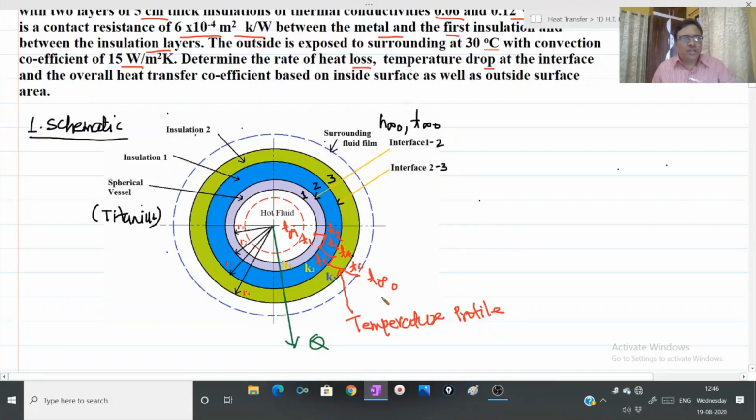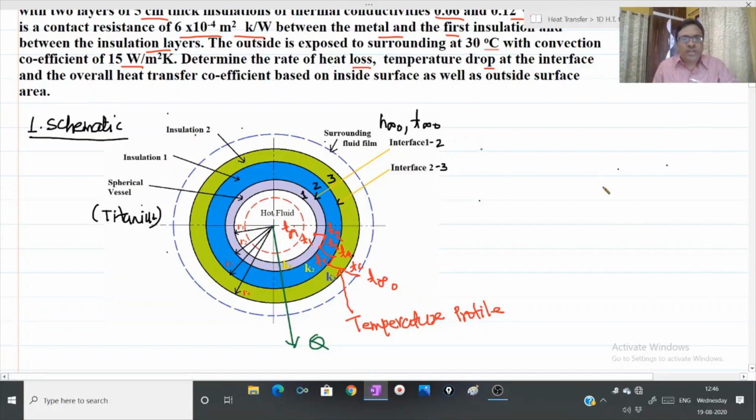Let's say thermal conductivity of the sphere material is K1, insulating material 1 is K2 and insulating material 2 is K3 respectively. These are the interfaces 1,2 and 2,3 where the spherical vessel and insulation 1, and insulation 1 and insulation 2 are coming into contact respectively.